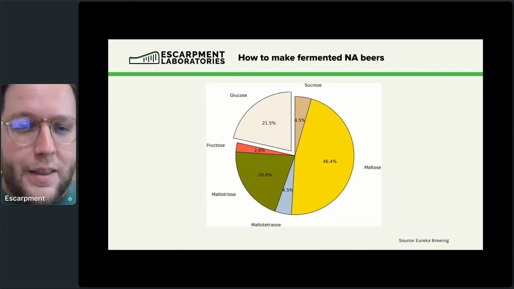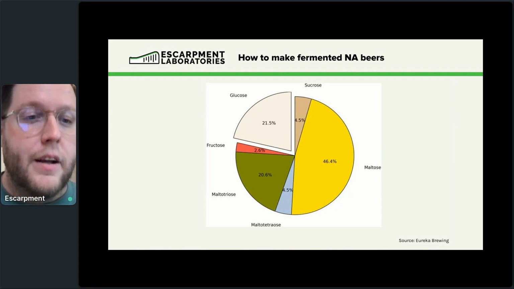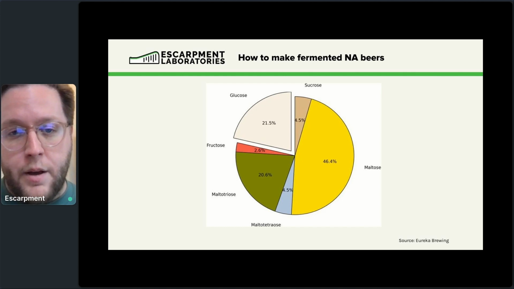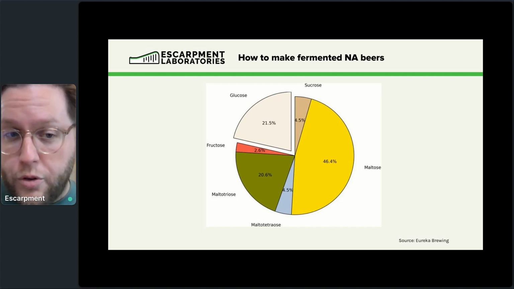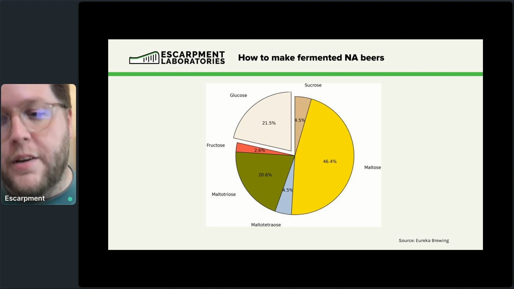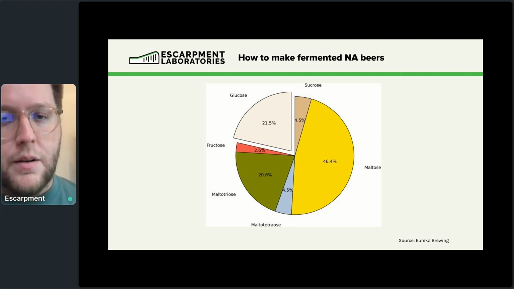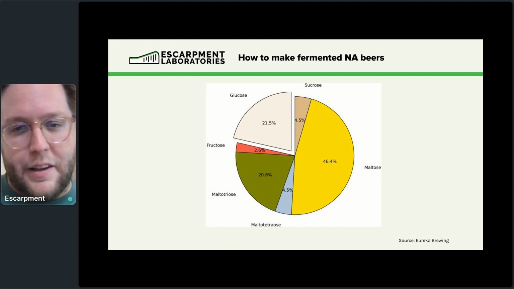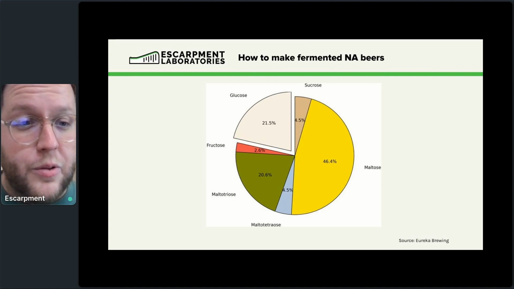Okay, so just to look at that sugar breakdown, because this is really the key to understanding fermented non-alcoholic beers and how to control them. Barley wort that we make for our beer fermentations is complex in terms of its sugar content. It has a number of different types of sugars in it. The folks making wine are pretty lucky because they just have these top three: the glucose, fructose, and sucrose.